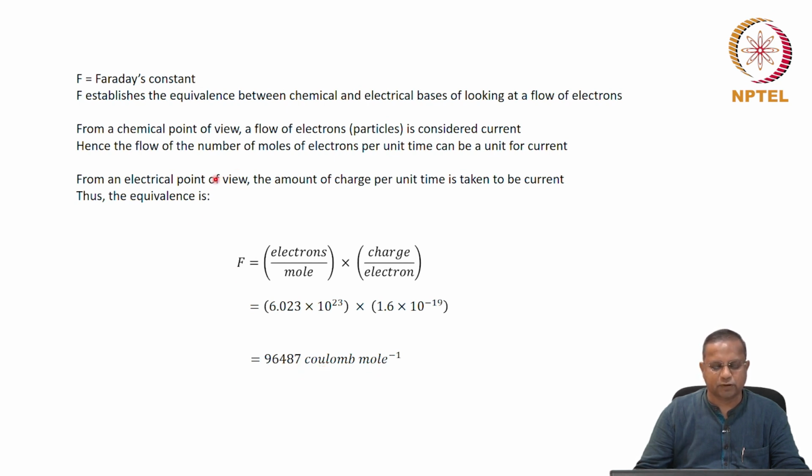So remember this constant, it's a nice constant to remember. You probably already remember it. And this is the basis for the Faraday's constant. It essentially establishes the equivalence between the chemical and electrical basis of looking at a flow of electrons or looking at current.